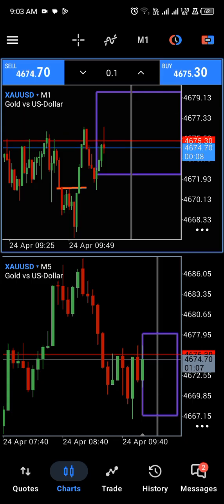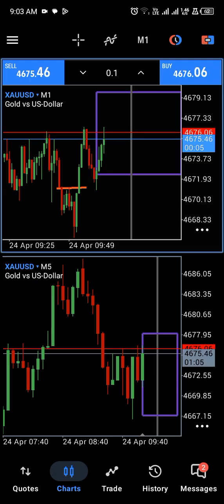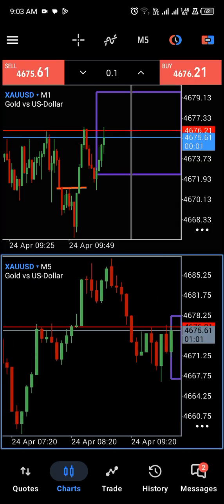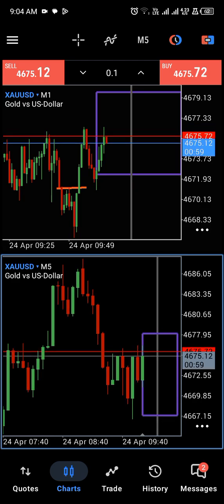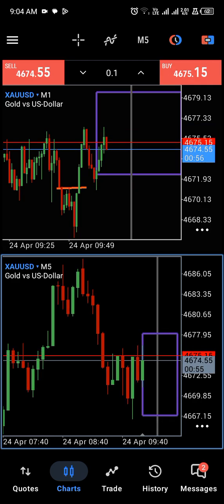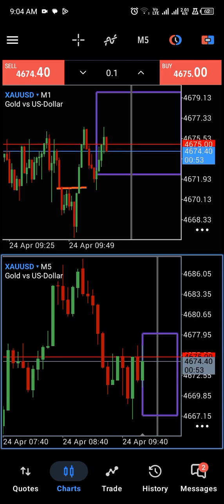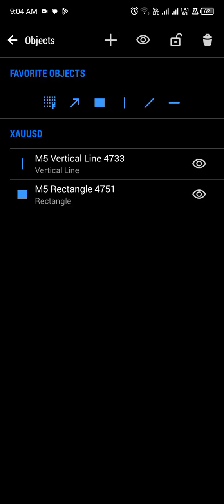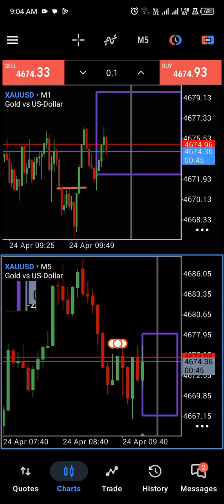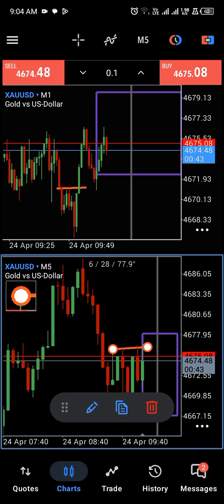The 5 minute time frame, let me check on the 5 minute time frame. It is bullish also. I can see that the 5 minute time frame is also bullish, so I will also get the structure up here situated.